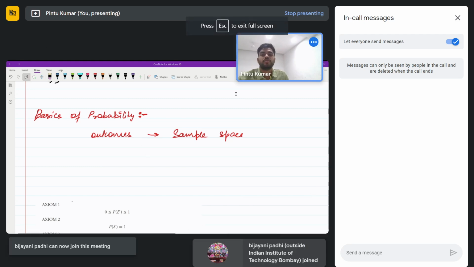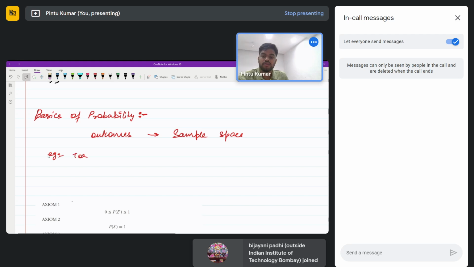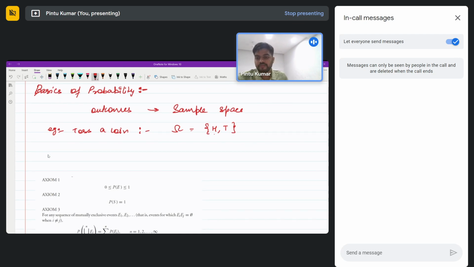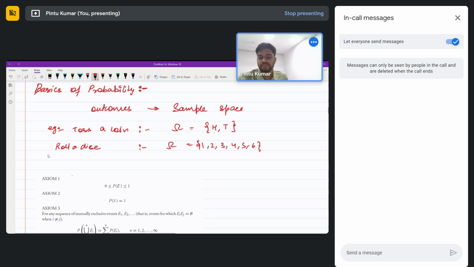For example, if you toss a coin, its sample space would be head and tail. Similarly, if you roll a die, the sample space would be 1, 2, 3, 4, 5, 6. These are the possible outcomes you can get when you roll a die.